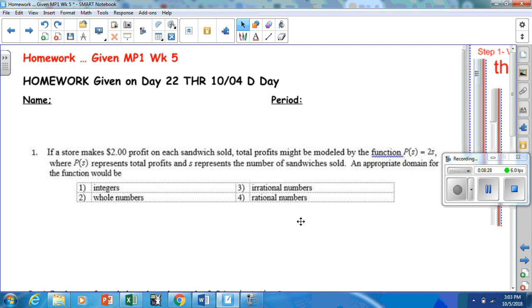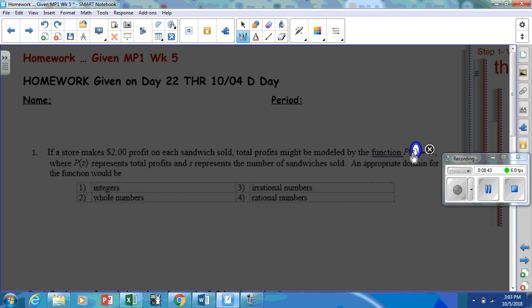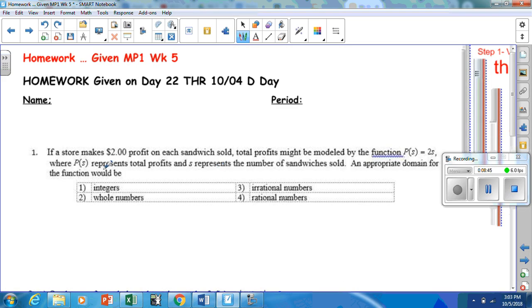Friends, this is a vocabulary test. And because it's a vocabulary test, we've got to kind of roll with the punches. We know that we're looking for this value of S because it's asking us for domains.